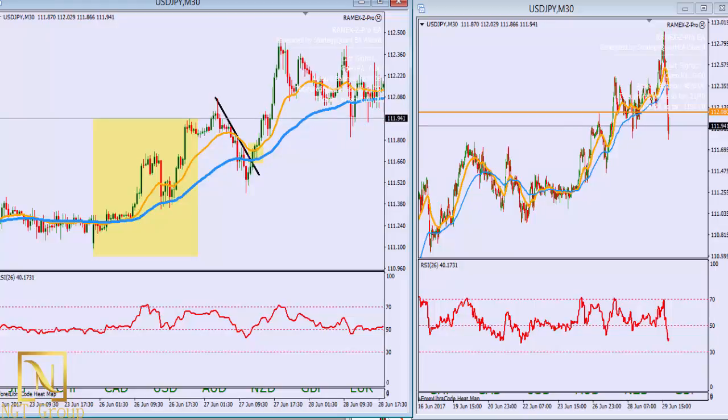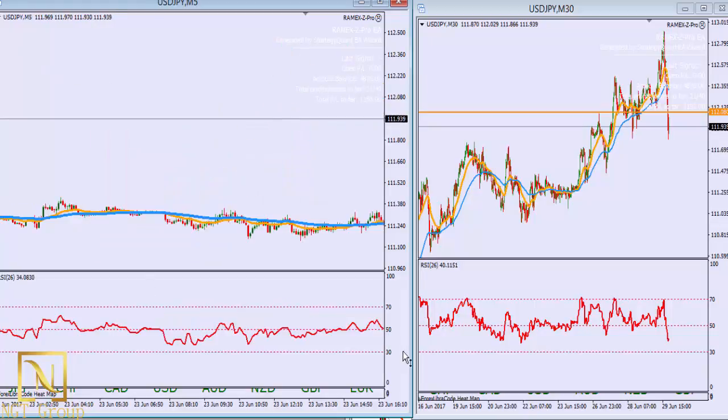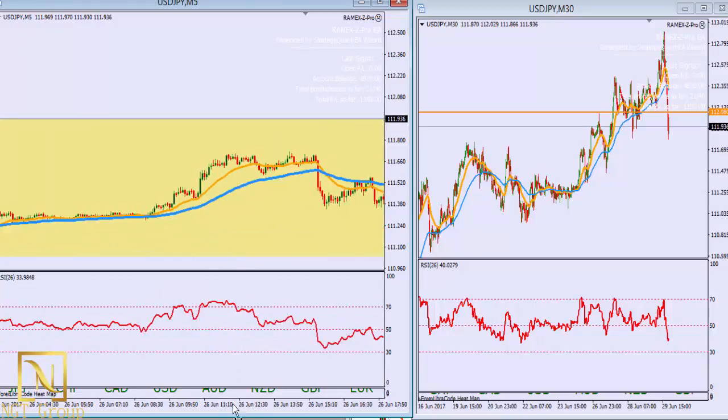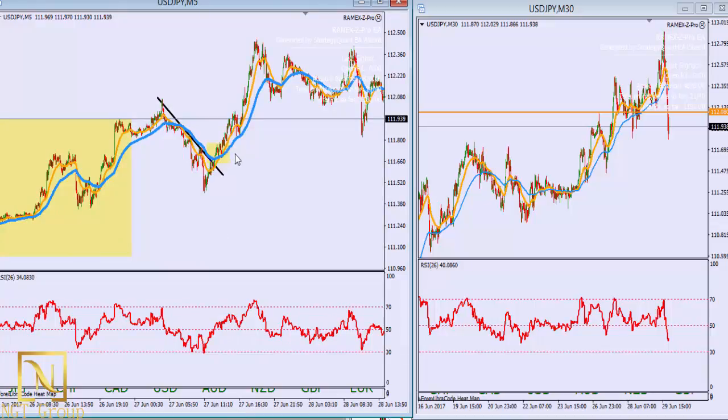So let's go to our 5 minutes now, and we're going to look to see this area, what happened here. So the 5 minutes is right here now, and we are going to shrink this chart a little bit, and here we go.